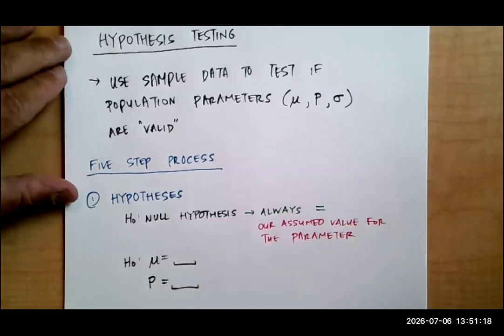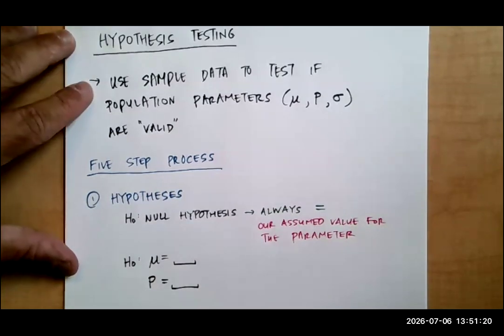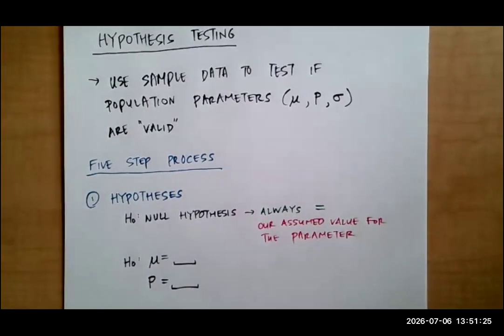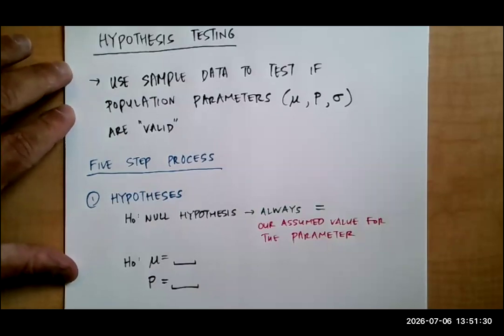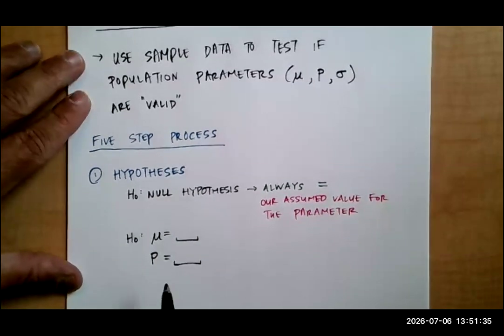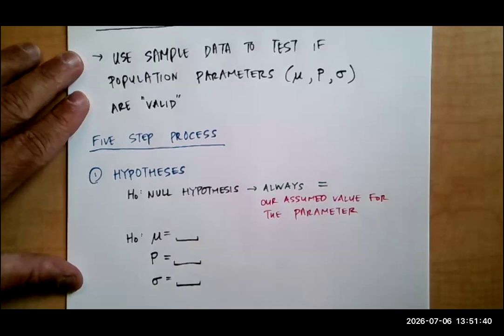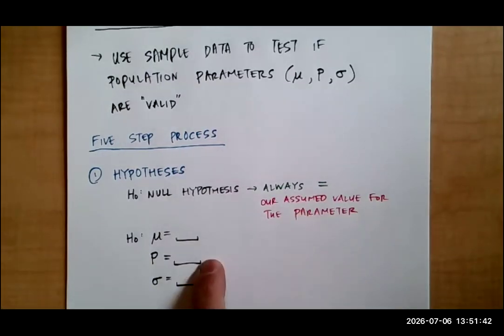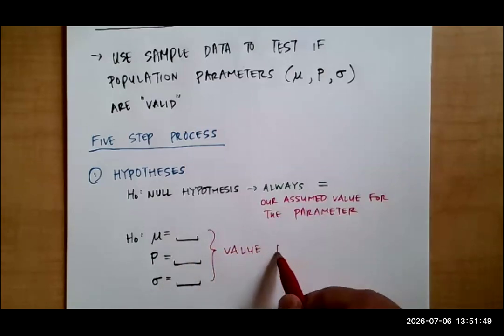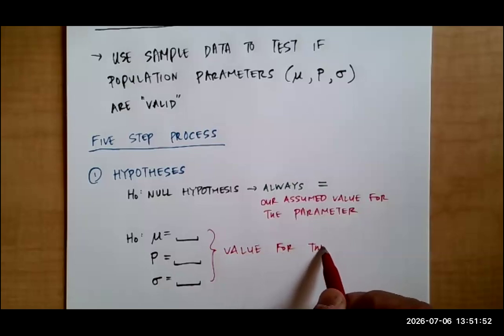Maybe it was done with a previous practice, a previous research project that they've gone through and identified this value for a parameter. So with our null hypothesis, that H sub 0, that's going to be where we have mu equals this given value for the mean. Or if we have a population proportion, p is equal to that. This percent of citizens hold this kind of belief, this proportion of businesses satisfy this characteristic, so on. And we're going to present that as a decimal after the percent. Or likewise, even if we're talking about standard deviation, variance, so on, sigma. And this is again our assumed value for the population.